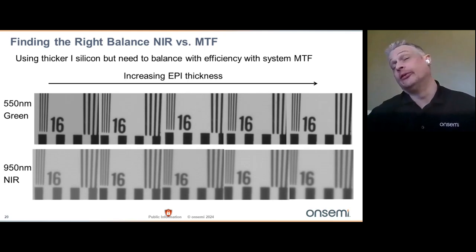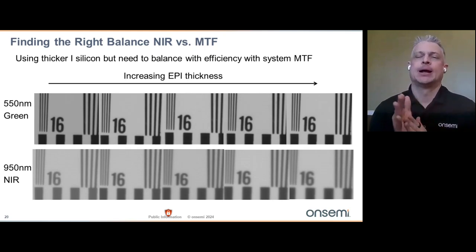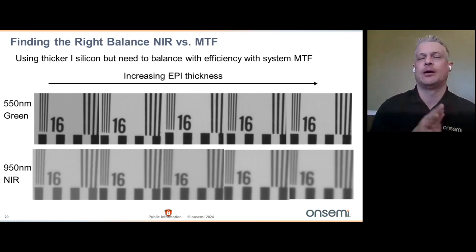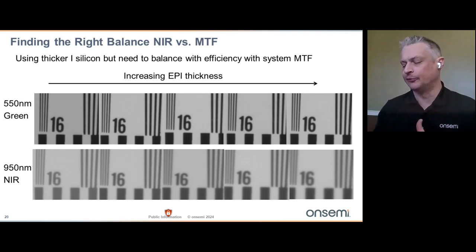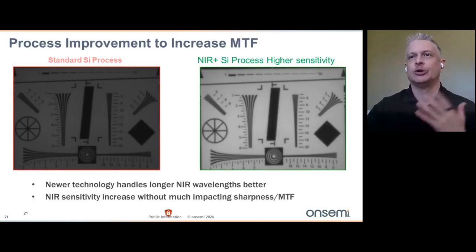So what you need to do is optimize that balance between what we call the MTF and the NIR. If you've worked with customers in the scanning industry or other industries where they've used NIR light, there are techniques in which you can get both.